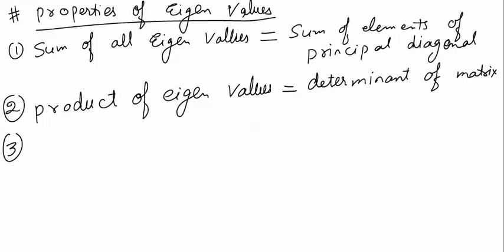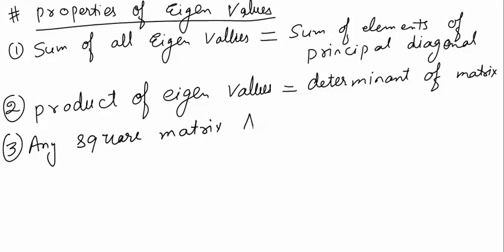Third property, if you talk about the transpose of a matrix, then eigenvalues don't change. See, eigenvalue I told is a system parameter. Now when you take the transpose, you are just shifting the rows to the columns, but if you find out the overall eigenvalues, they won't change.